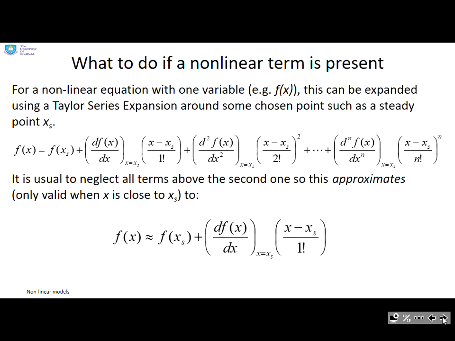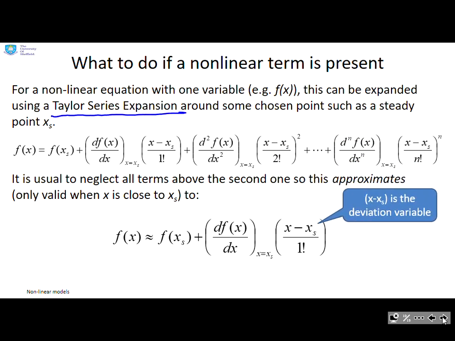So what do we do if a nonlinear term is present? In simple terms, we replace it by the corresponding Taylor series expansion. You can see here the Taylor series expansion of f of x gives me f of xs, so I have to choose some point xs. I then have the derivative at xs times the deviation about xs, the second derivative at xs, followed by this quadratic term, and so on.